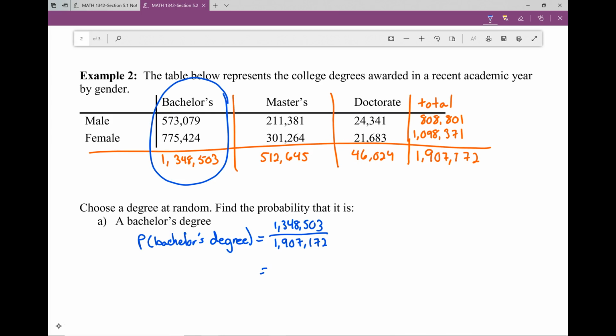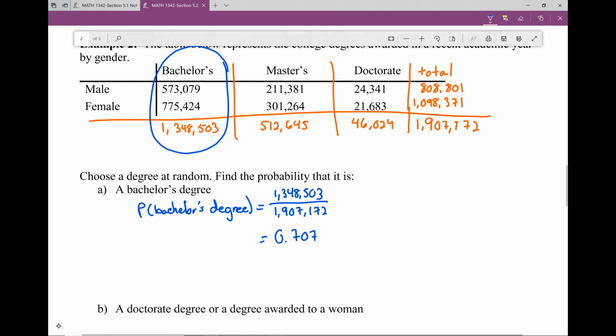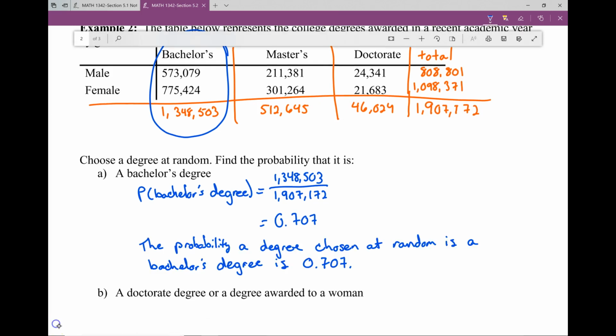I do this division, and I get 0.707, or 707 thousandths would be the probability. So the probability a degree chosen at random is a bachelor's degree is 0.707, or 707 thousandths. Now let's look at the next one.